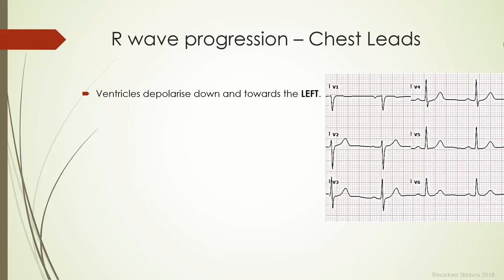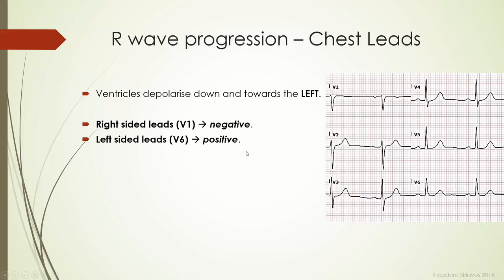Now, R-wave progression was the other thing we mentioned that we'd look for on the QRS complex. Remembering that the ventricles depolarize downwards and towards the left, if you think about your axis, that bottom left quadrant, that means that the right-sided leads, like V1, should be negative, because we're depolarizing away from those leads.